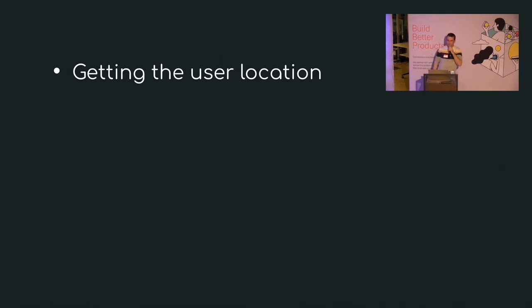So for instance, if you've ever had to develop an app that needs to grab the user location, you're going to have to make an async call, and then you get the user location delivered to a callback. If you've ever had to develop an app that involves media playback, maybe like a sound or a video, there might be a complex state machine that has to be initialized, and there's a callback that you have to listen to, and you have to deal with those kinds of async API problems.